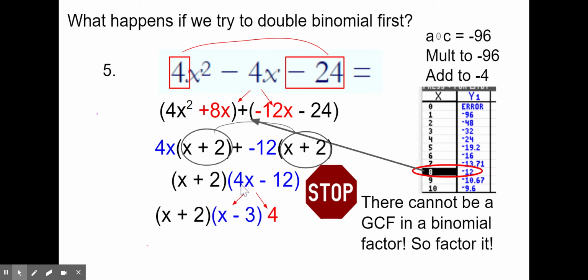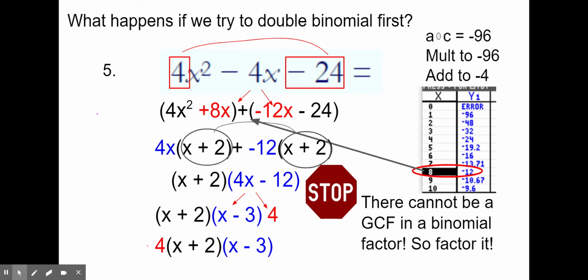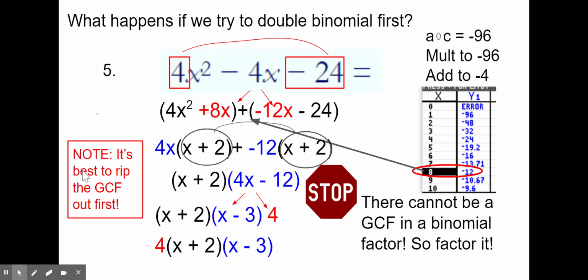If I factor the 4 out of my 4x minus 12 and then rewrite it out front, my final answer, 4 times x plus 2 times x minus 3, is what I would have gotten if I had ripped out my GCF first. But always remember that it's best to rip the GCF out first. Then you have an easier trinomial to factor, and you might not have to go through all this grouping.